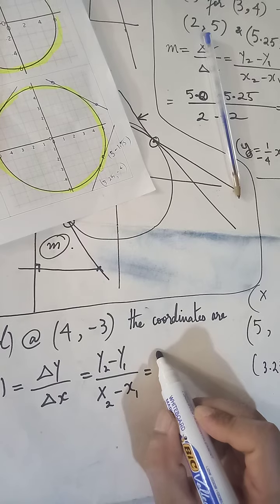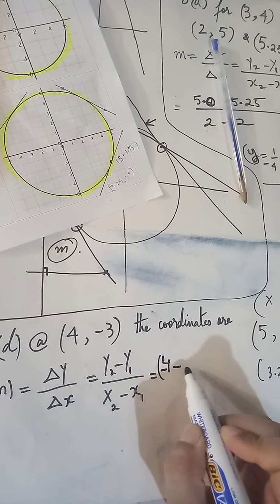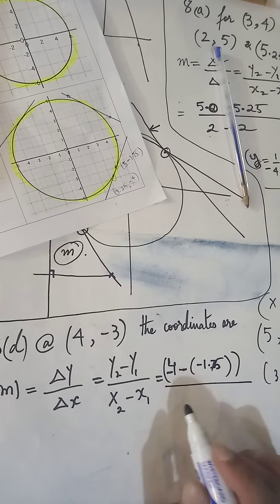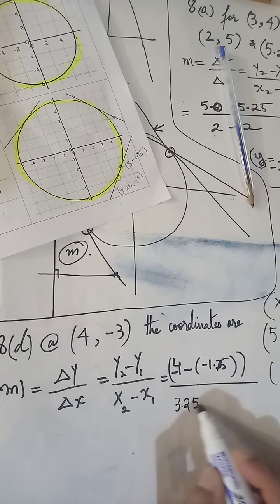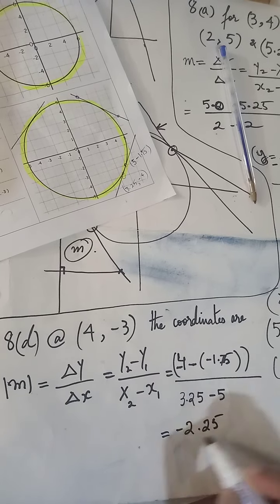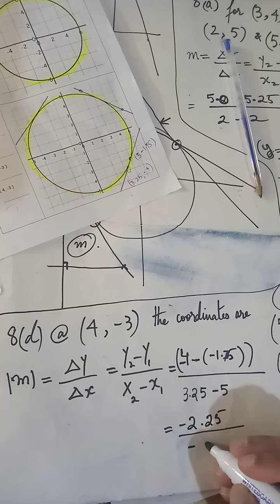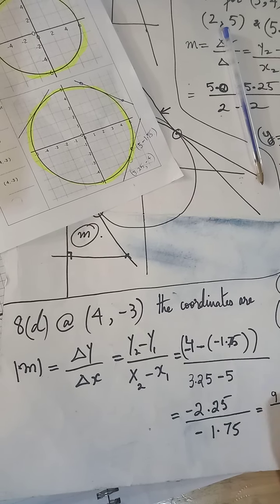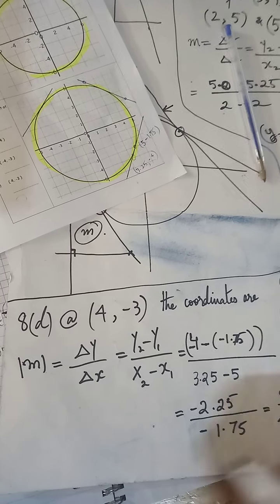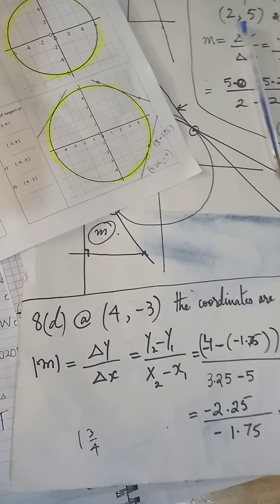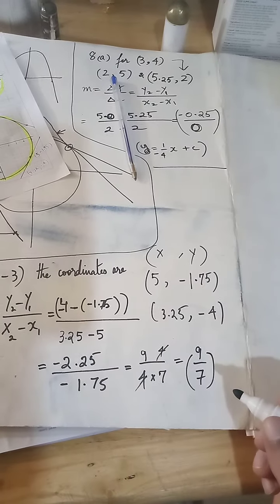So I'll take these two coordinates and the y's over the x's, so that'll be minus 4 and, so that'll be 2.25 over 1.75, and that'll be 9 over 4 over 7 over 4, so 9 over 7. That'll be the gradient, 9 over 7.